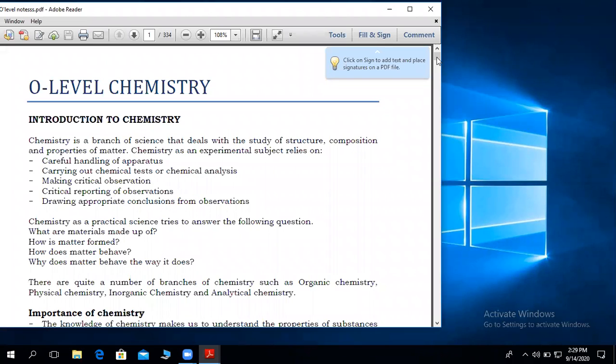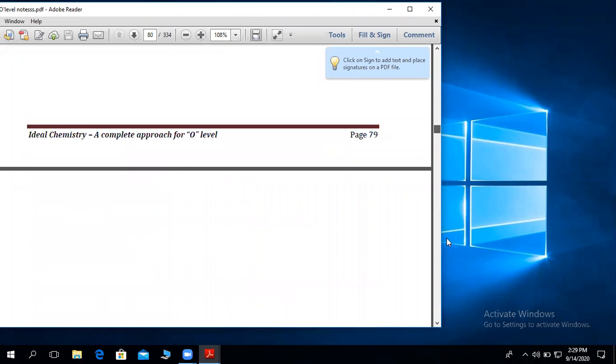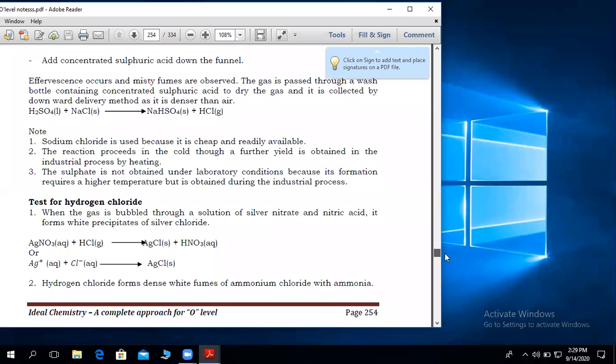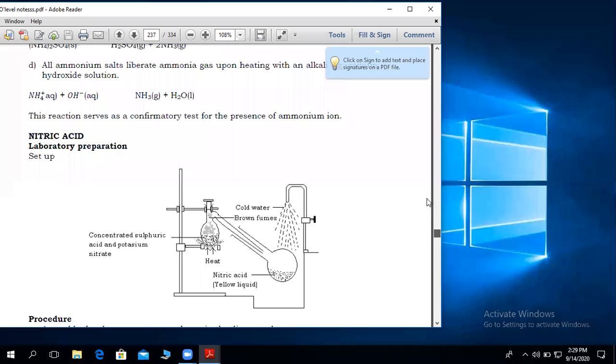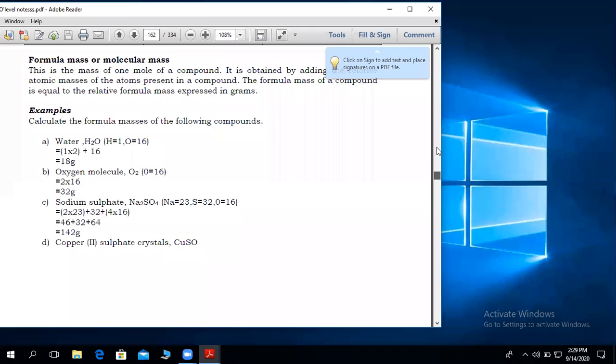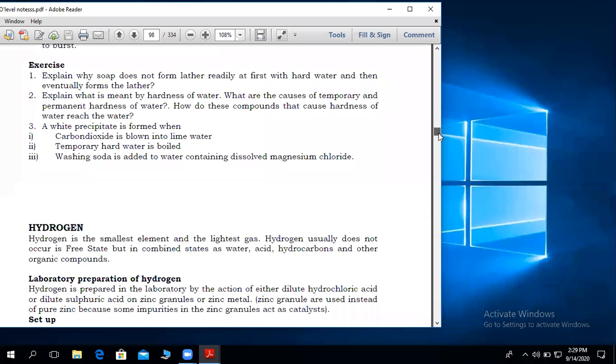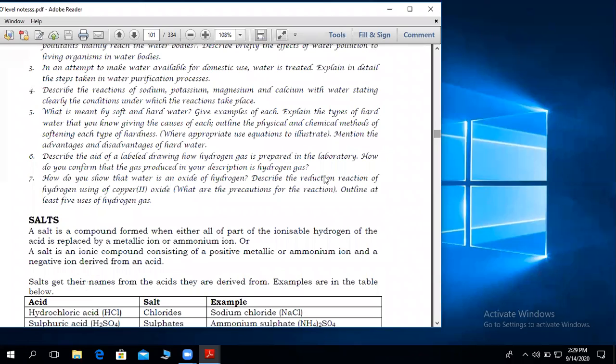These are my notes. What I'm going to do, I'm going to send you these notes. You want page 101. Yes, salts.